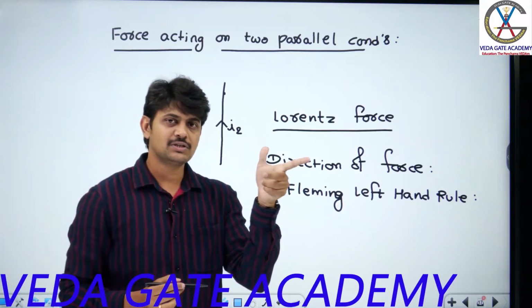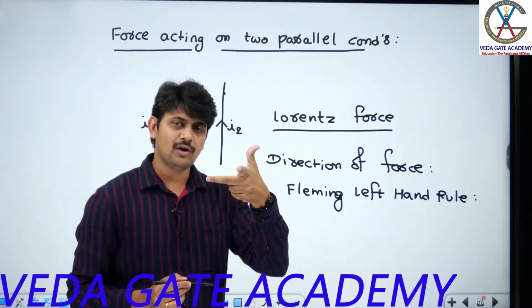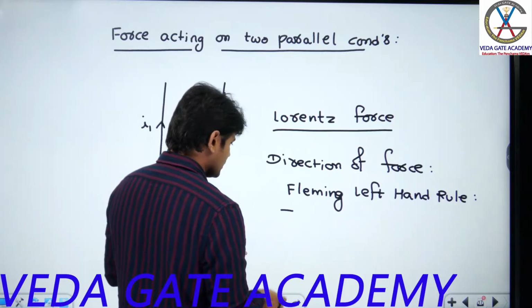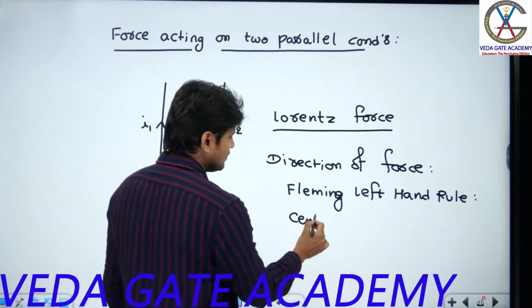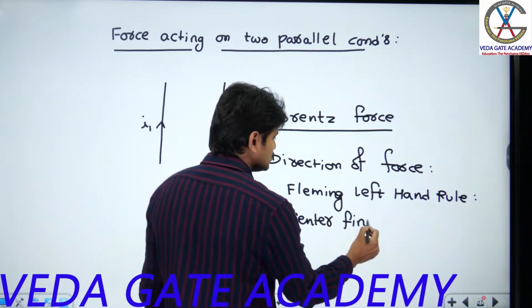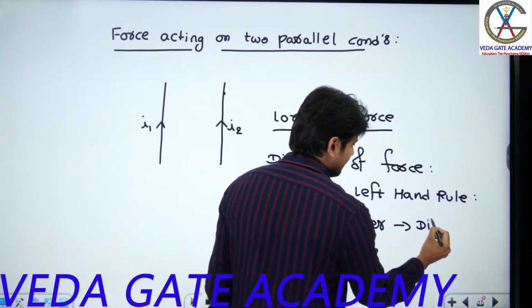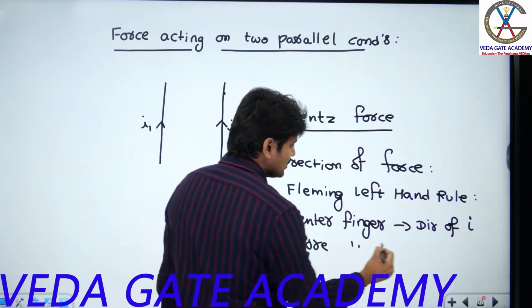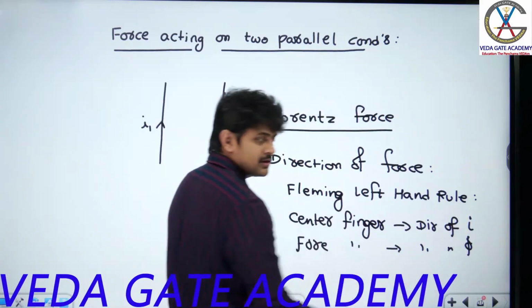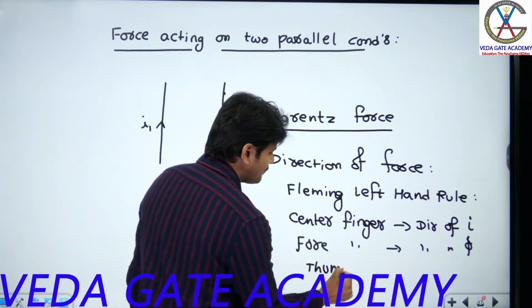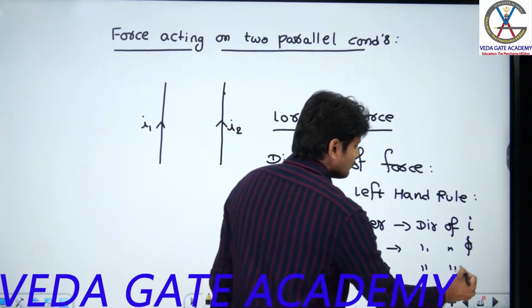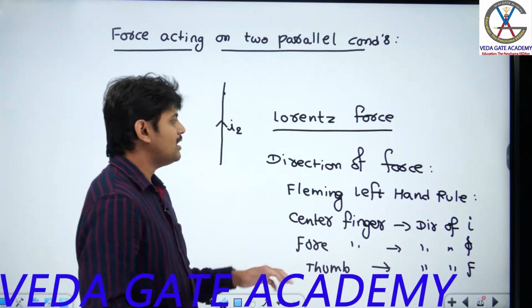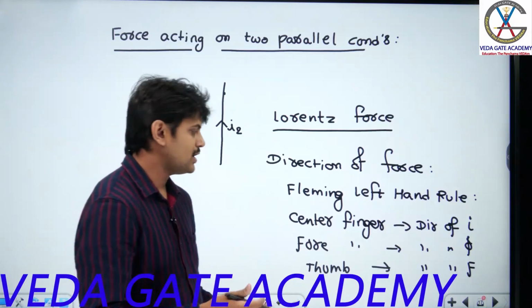The center finger of our left hand is used to determine the direction of current, the forefinger is used to determine the direction of magnetic flux lines, and finally the thumb is used to determine the direction of force acting on the conductor. Let me see how to apply this Fleming's left hand rule for a small case.